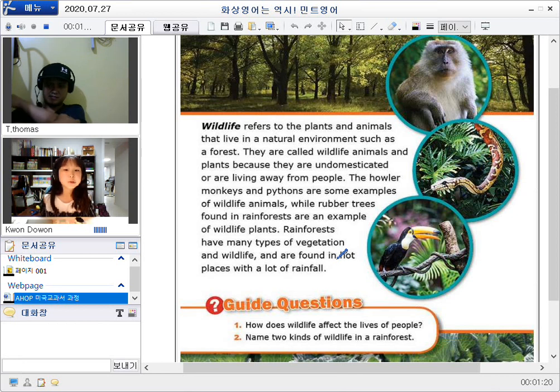The howler monkeys and pythons are some examples of wildlife animals, while rubber trees found in rainforests are an example of wildlife plants. Rainforests have many types of vegetation and wildlife and are found in hot places with a lot of rainfall.